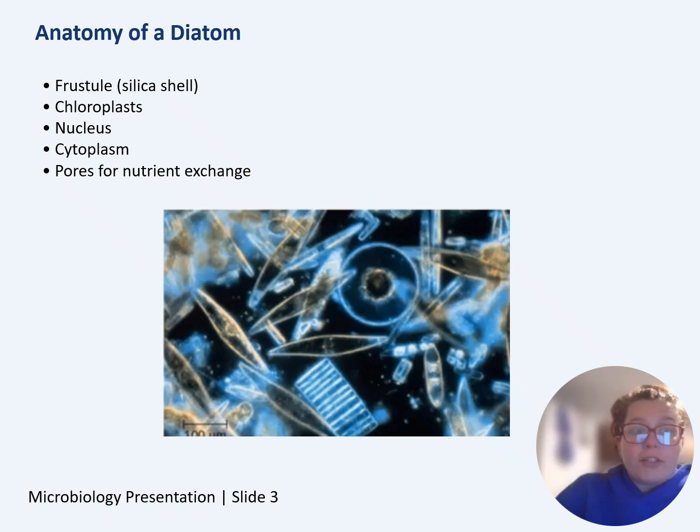Now, one of the most unique features of the diatoms is their glass-like shell called frustules, and it's silica, so it's kind of like glass, and there are two different kinds. There are the centric, the circular ones, and then there are the others, with the crystal shapes here.